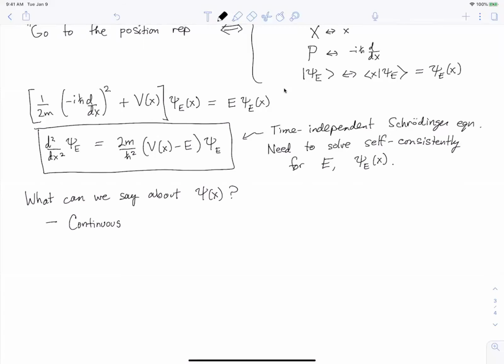Okay, and why should it be continuous? It's continuous because I know if I take its complex square, I'm going to get the probability density. And physically, I should be able to unambiguously say what the probability density is. And that's the definition of continuity. So the probability density, from a physics point of view, should be unambiguous.